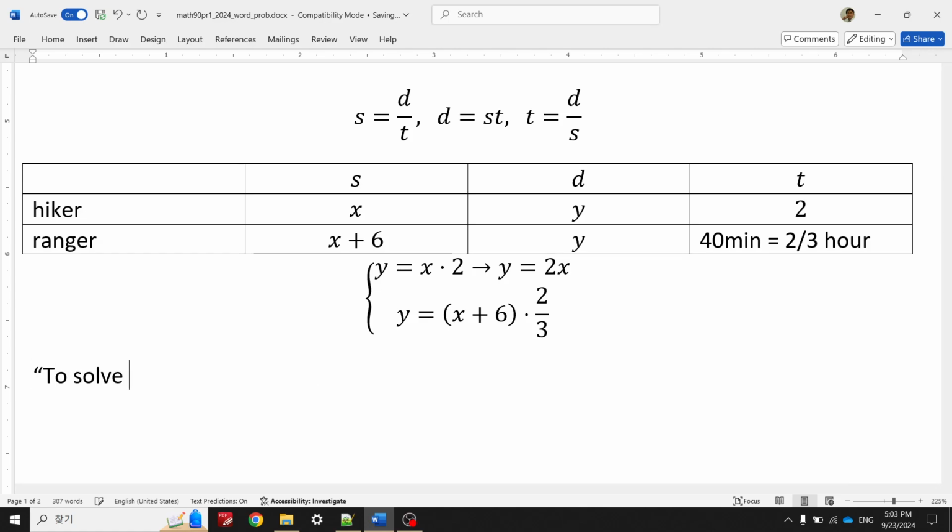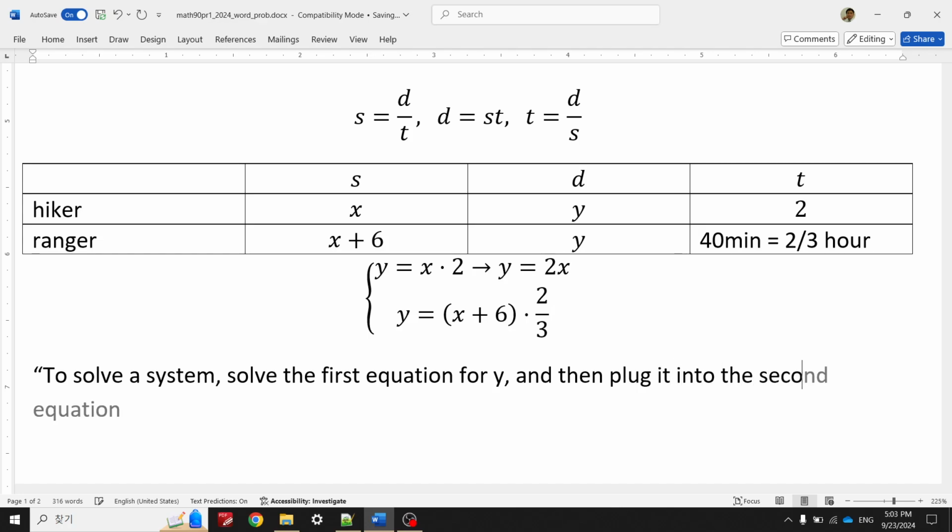To solve a system, first solve the first equation for y, and then plug it into the second equation.